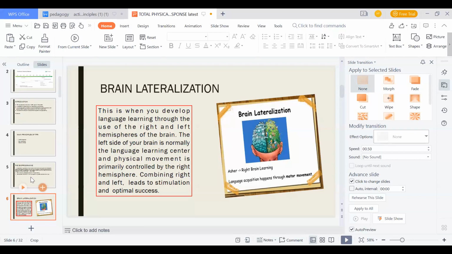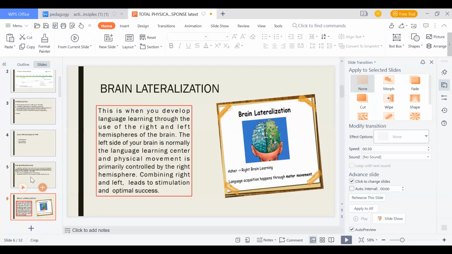The left side is normally for language learning, right? The left hemisphere is the language learning center. And the right hemisphere is for physical movement. All physical movement is controlled by the right hemisphere. So here in TPR, you get them to learn the language through the involvement of physical activities. So there's a kind of combination of right hemisphere and left hemisphere.